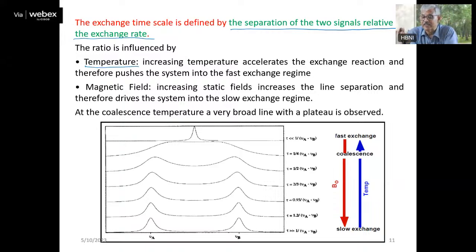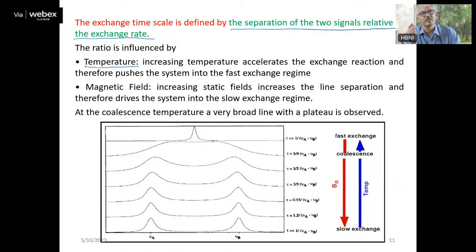It will accelerate the exchange reaction and therefore push the system to the fast exchange regime. Like DMA, if you record the NMR at room temperature, you will get 2 methyls. But if you go to 120 degrees and above, you will see only one peak. So by increasing the temperature, you are pushing the reaction from a slow exchange regime to a fast exchange regime.